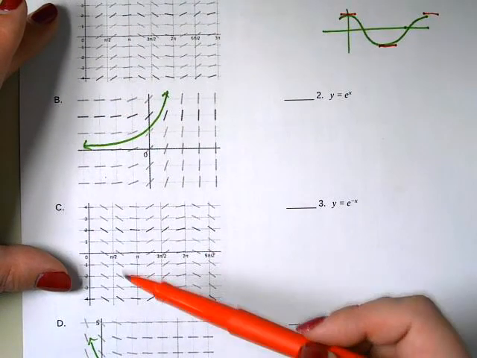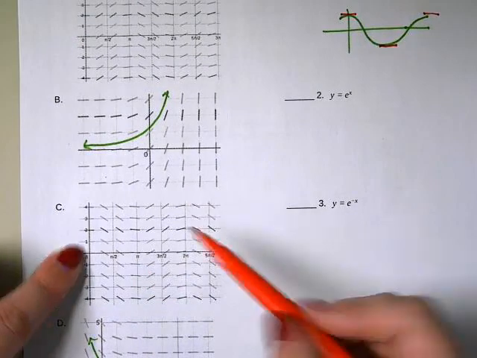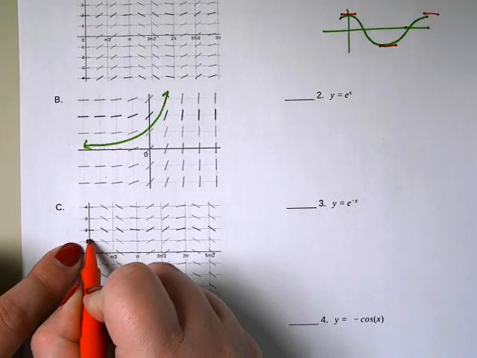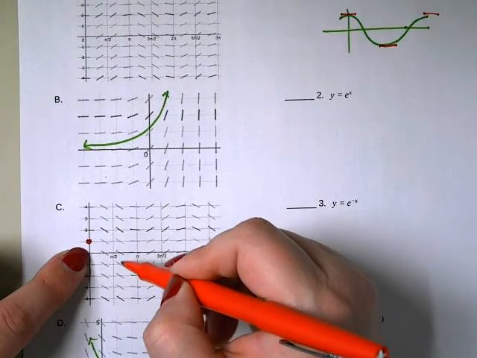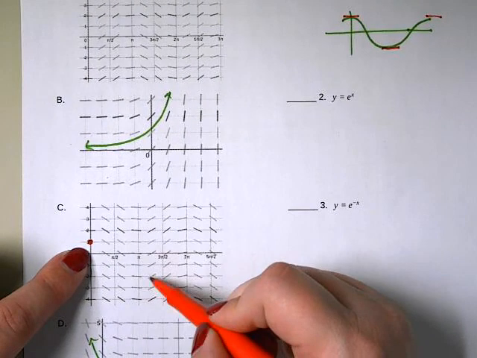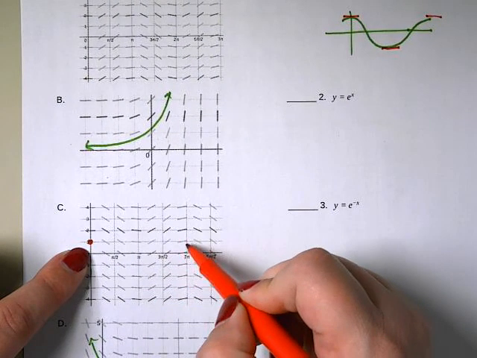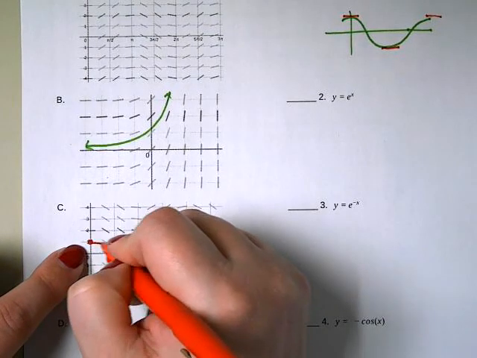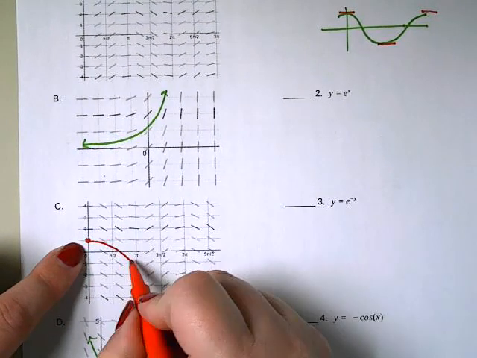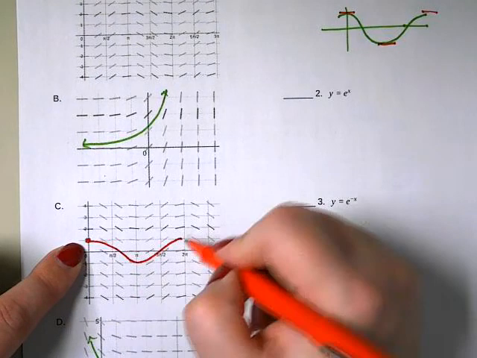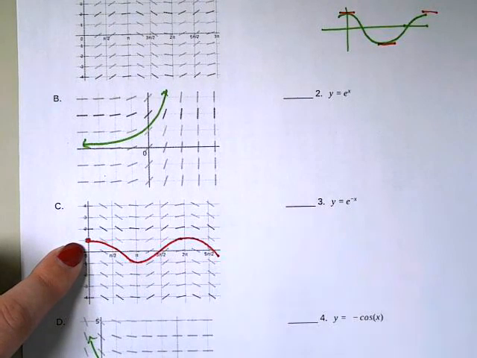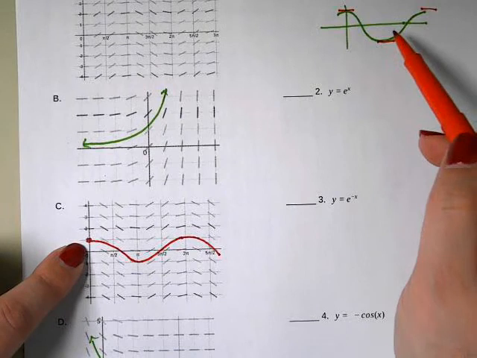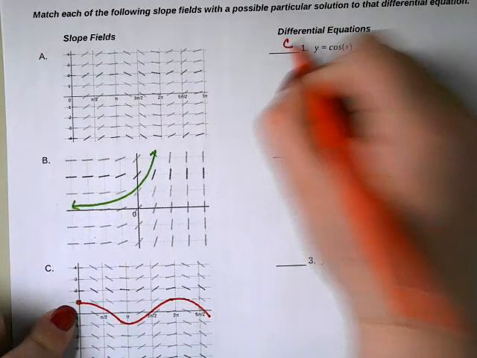And if we think about it, on option C, if I start at 1, then it gives me a negative slope till it gets to 0 again. Then it has a positive slope until it gets to 0 again, and then has a negative slope. So this looks like our cosine function right here. We can see that that's exactly what it's doing. So that means this is option C.